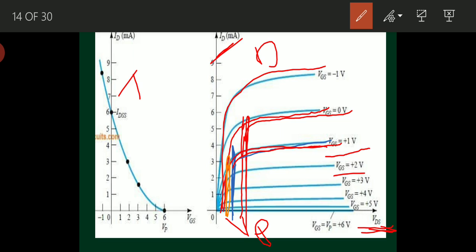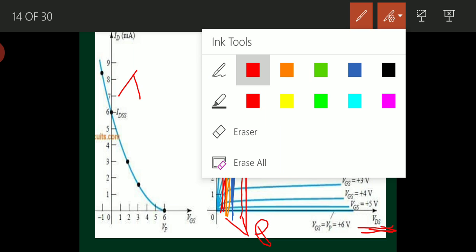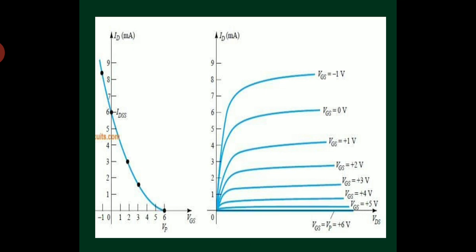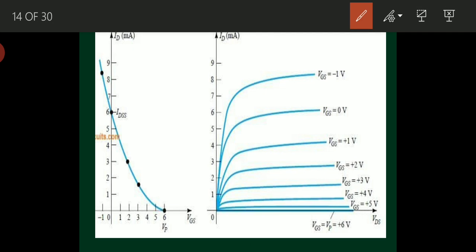IDSS means saturation source to drain current. What do you mean by saturation source to drain current? It is the maximum value of current when VGS is equal to 0, and it is called IDSS.